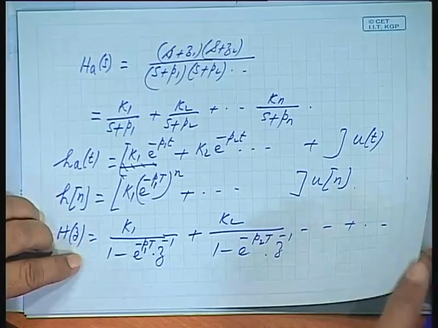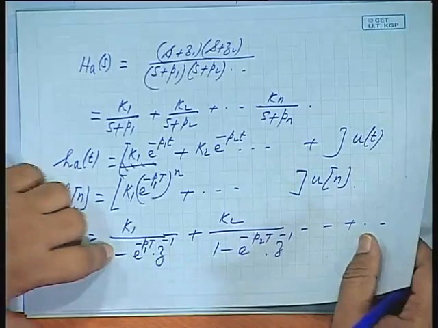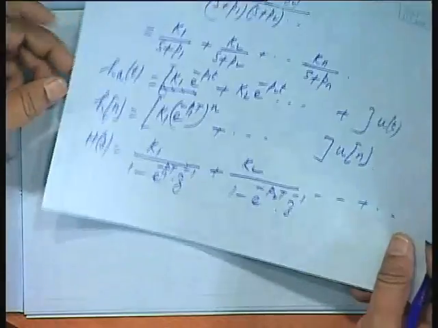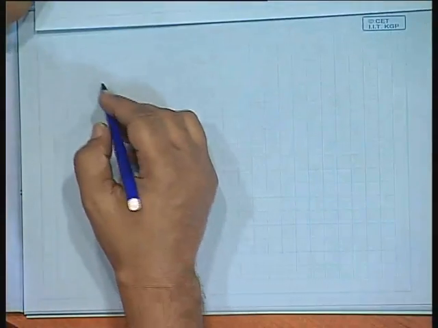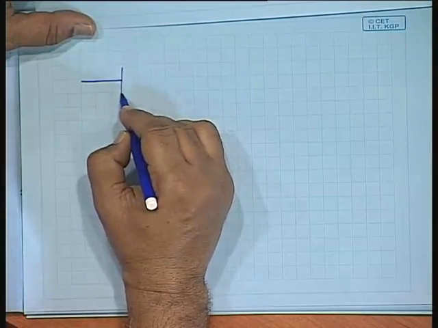So let us realize it in the hardware domain. This will be represented by a simple first order IIR filter of this kind. Suppose I have, what should I have?